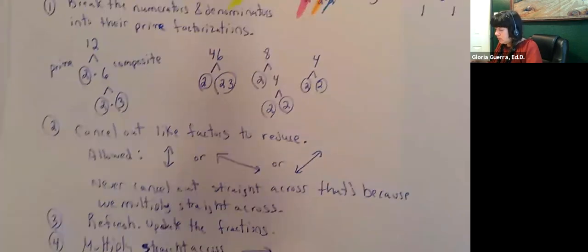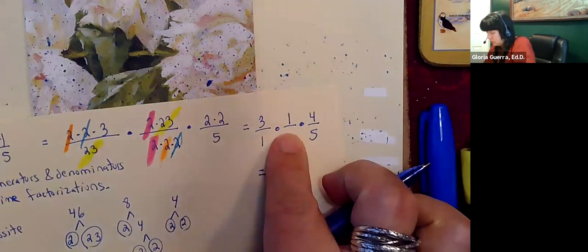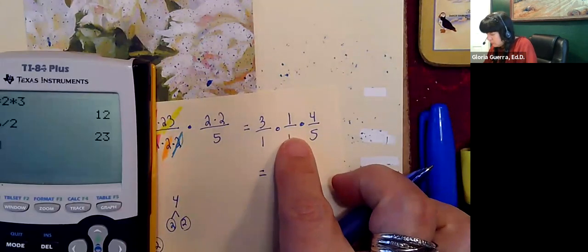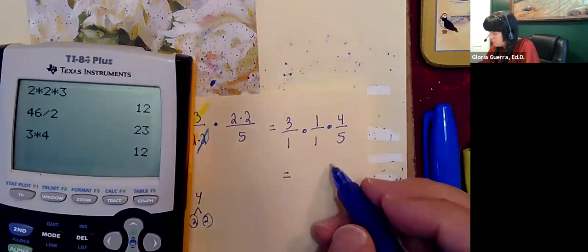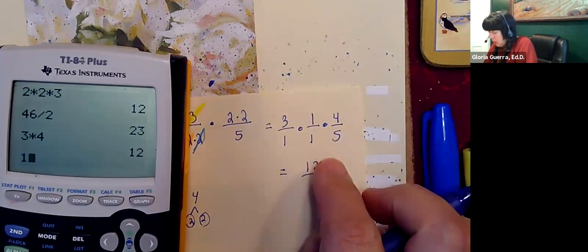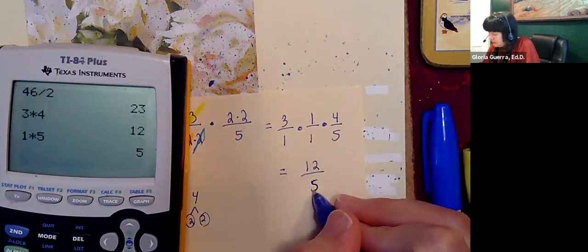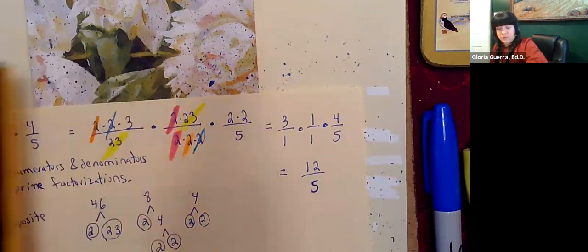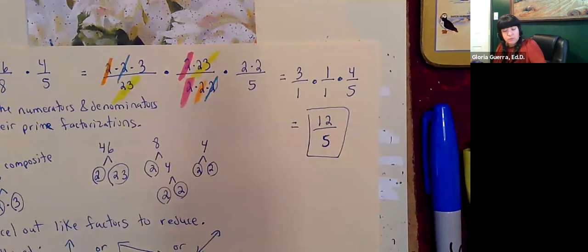Okay, so if I try that now, see what I have. Now I have 3 times 1, which is 3, times 4, which is 12. 1 times 1 is 1. And 1 times 5 is 5. So now you have 12 over 5. And isn't that what we got over here when we were reducing it on our own?